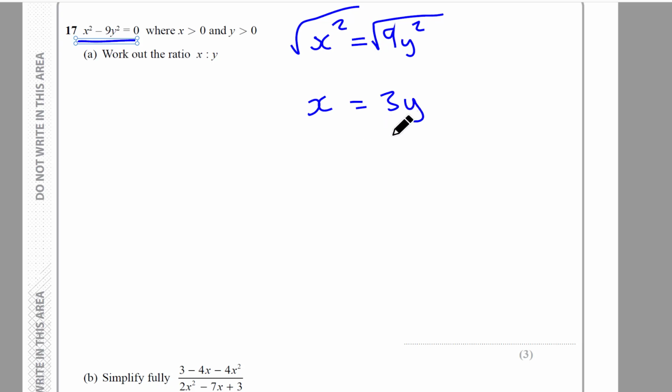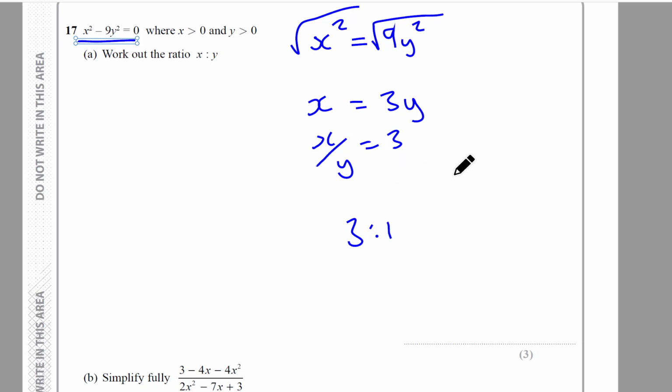So x equals 3y, or you can say x over y equals 3. You can see that x is worth 3 times the amount of y. So that's why that ratio is 3 to 1.